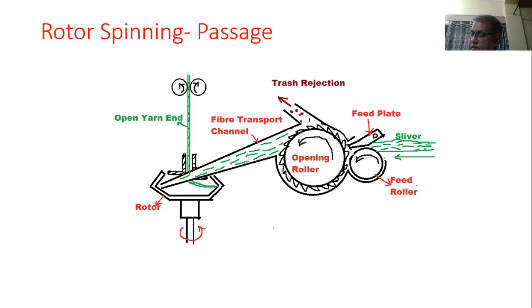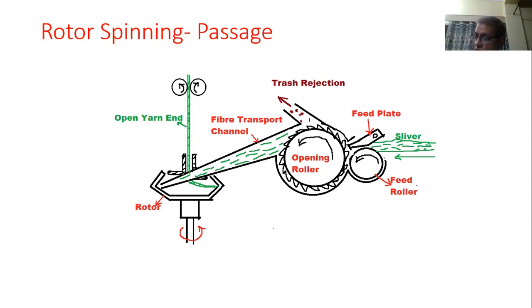Although as per the different manufacturers, we can use fibers up to 60 mm, and we can prepare coarse counts because for coarse counts it is economical.